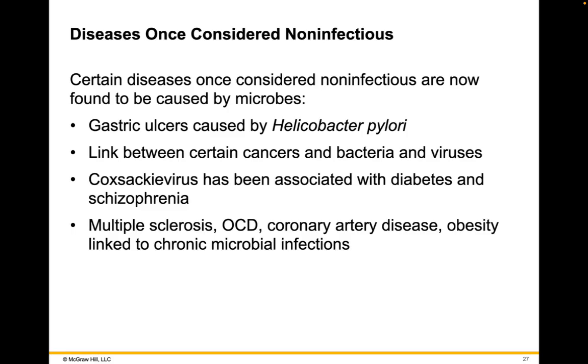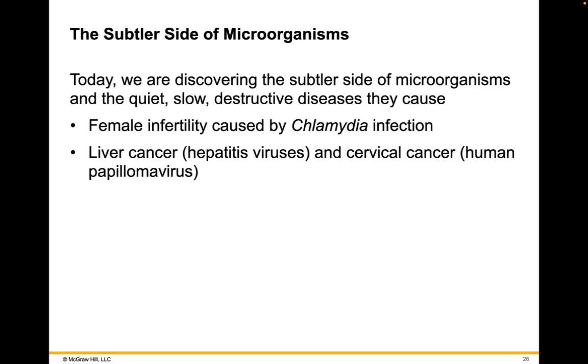Now, they have also discovered there's a link between certain cancers and bacteria and viruses. Coxsackie virus has been associated with diabetes. Schizophrenia, MS, OCD, coronary artery disease, and obesity are also linked to chronic microbial infections.